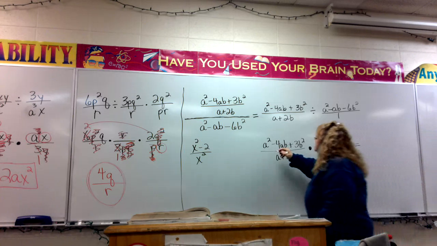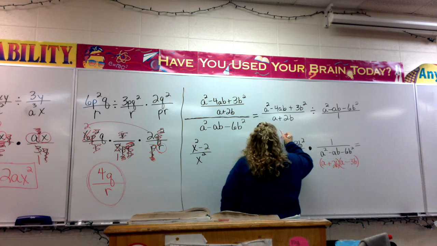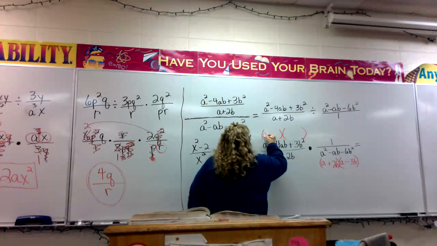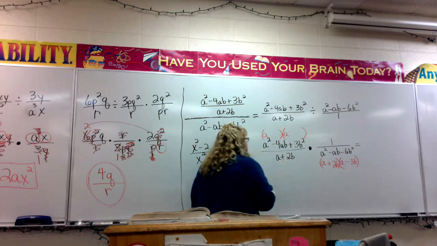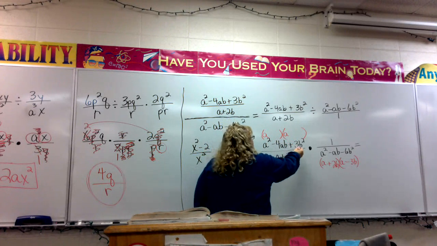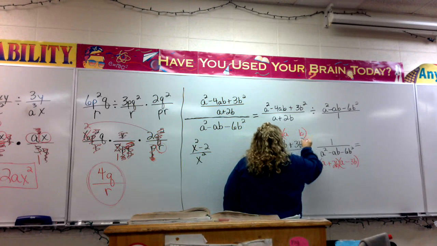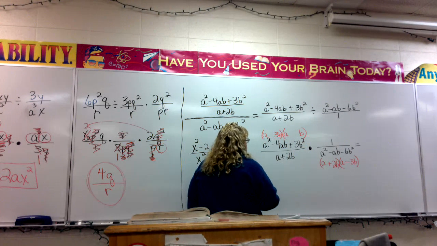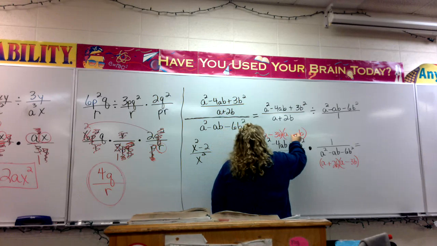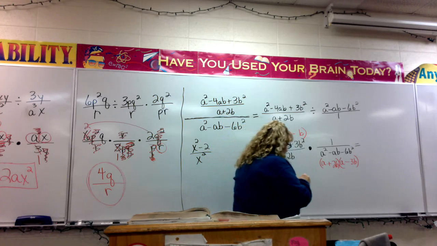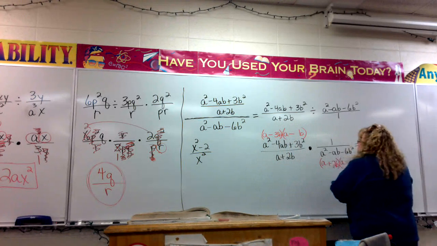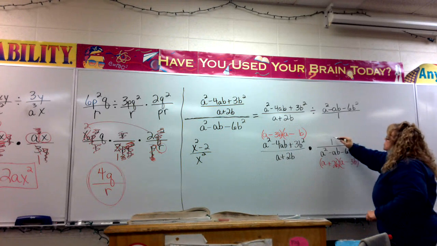Same thing over here, I have to factor. This one is a and a. This has to be 3b and 1b, doesn't it? Signs negative, negative. If you don't mind, do I do top times top?